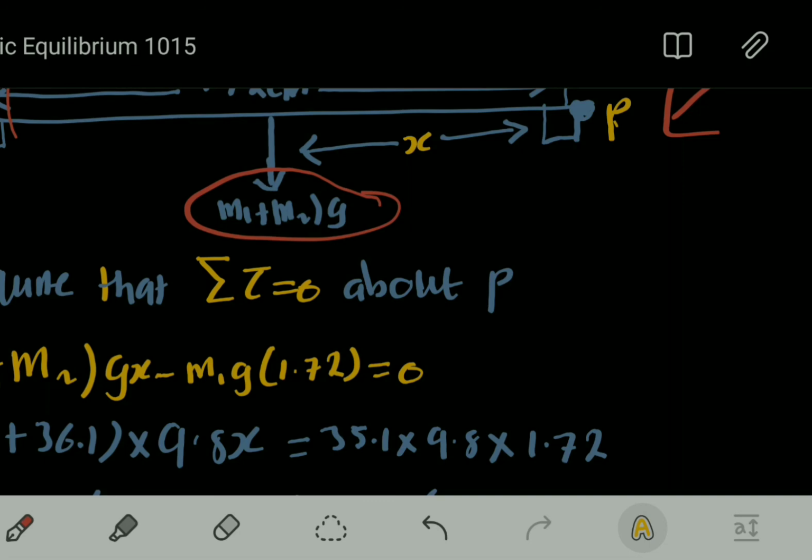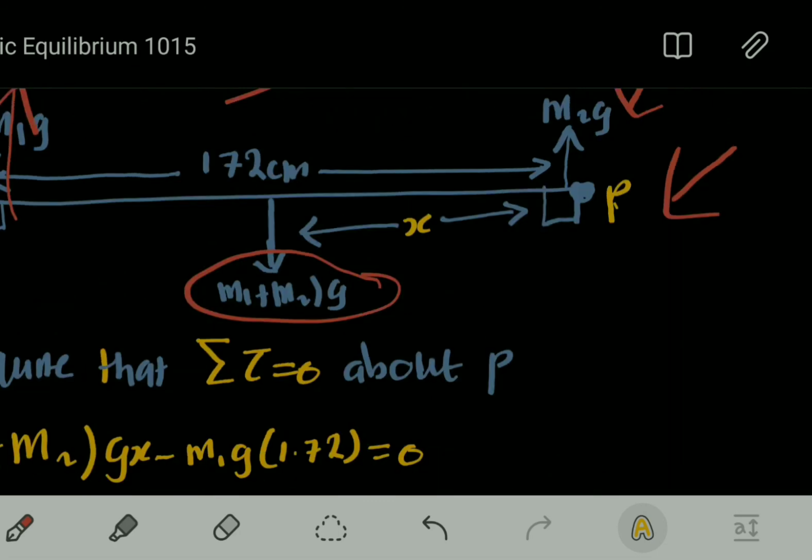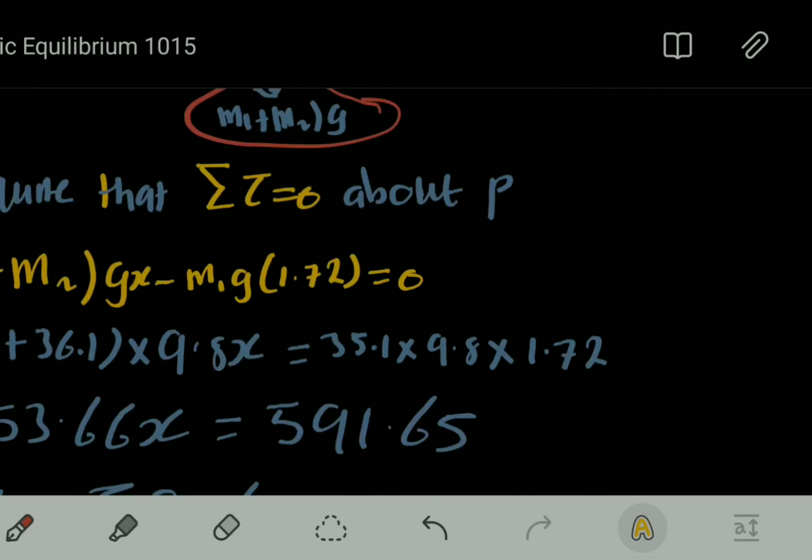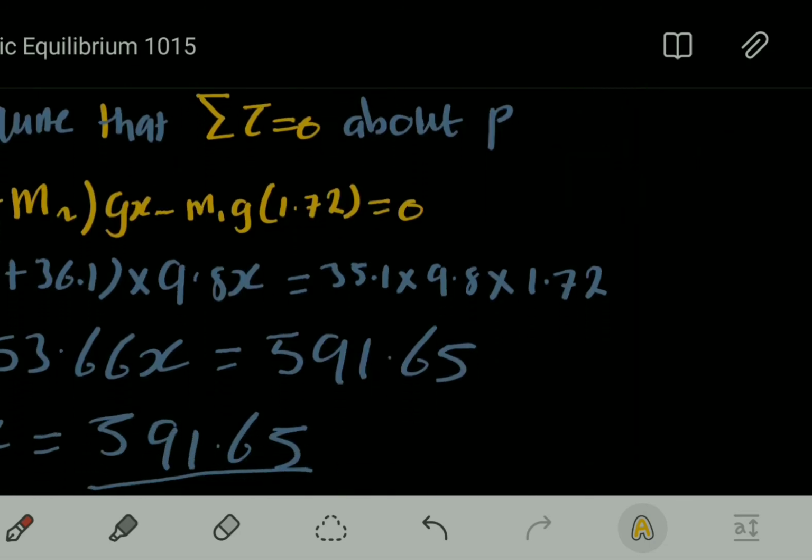We have the torque as a result of the combined mass at the center of gravity, and the other torque as a result of the mass recorded at the head of this person. The sum of these torques must equal 0. Therefore, we substitute the values of M1 and M2, times 9.8 and x, giving us this.